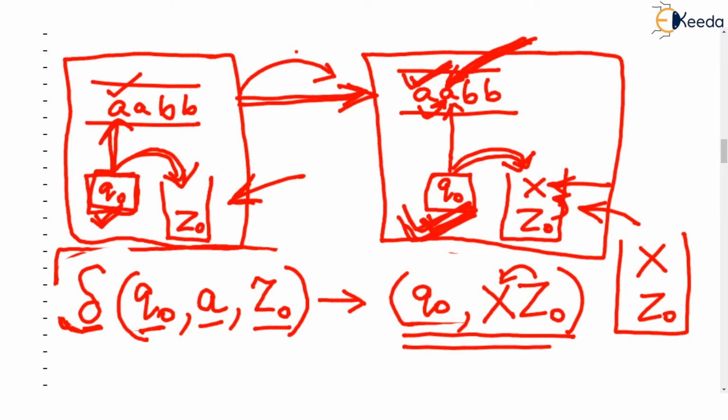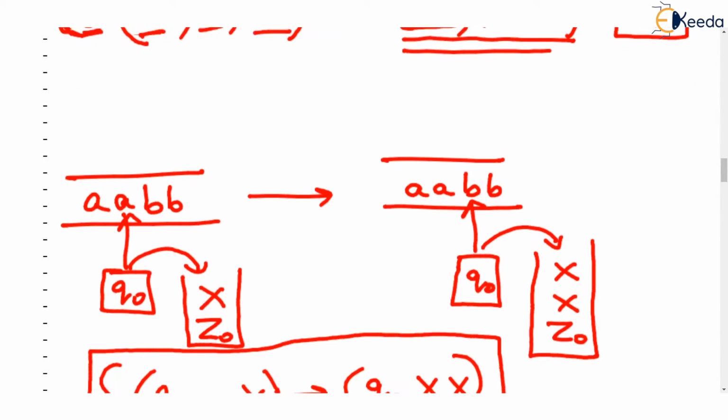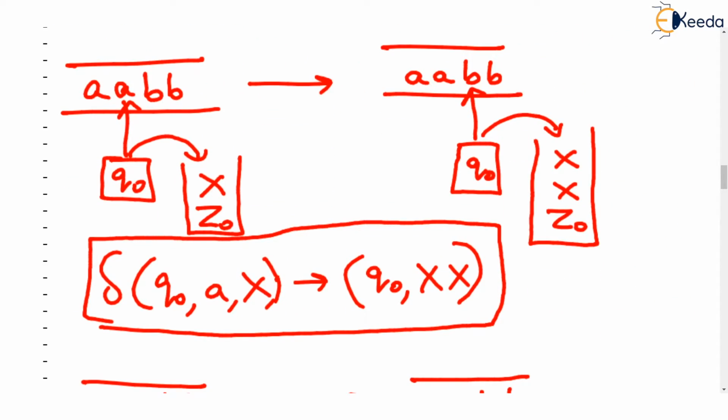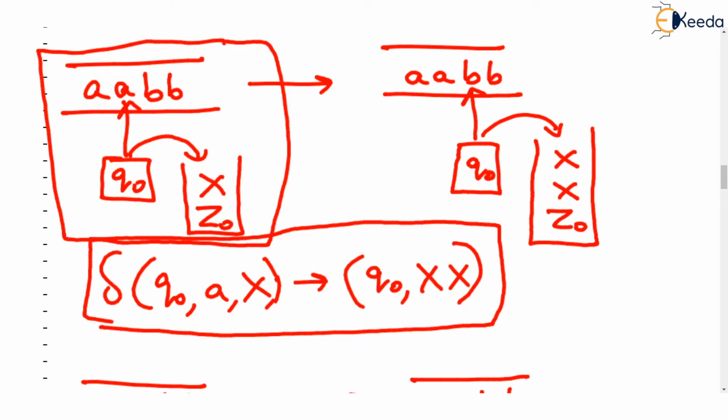Okay, let's see. Can you now understand this configuration? Just see this. This is the current configuration of the PDA. That means the PDA is reading this symbol A, correct, from the input tape, and the PDA is currently in the state Q0. But look at this, top of the stack is now X.